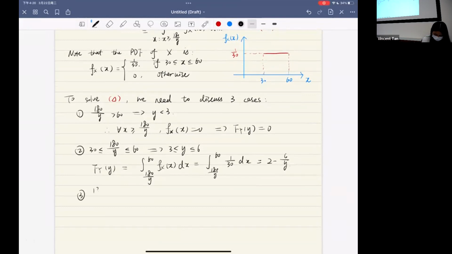The third case is when y is smaller than 30, so y is greater than 6.